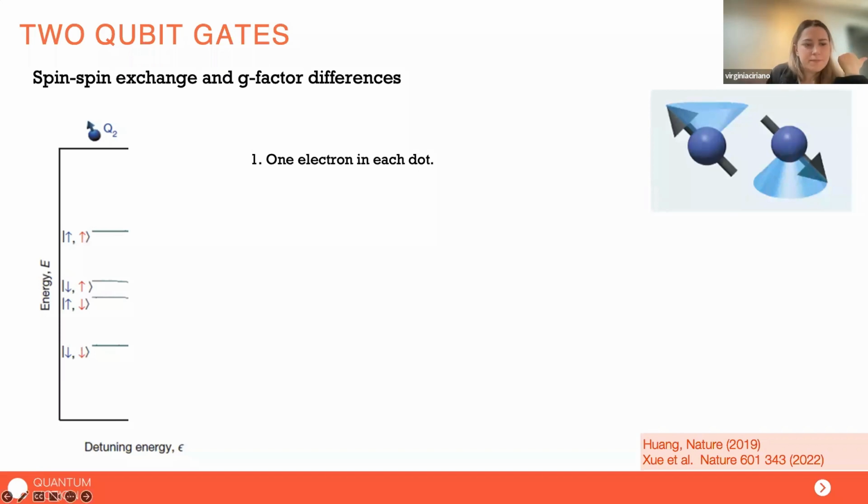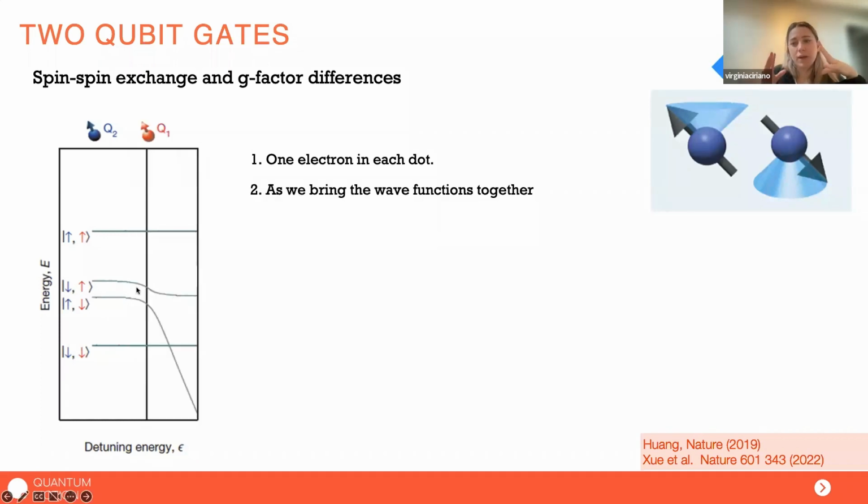And that means that if we see this 4 energy level system, the energy it takes for the blue dot to go from spin down to spin up is smaller than the energy it takes for the red spin to go from spin down to spin up.